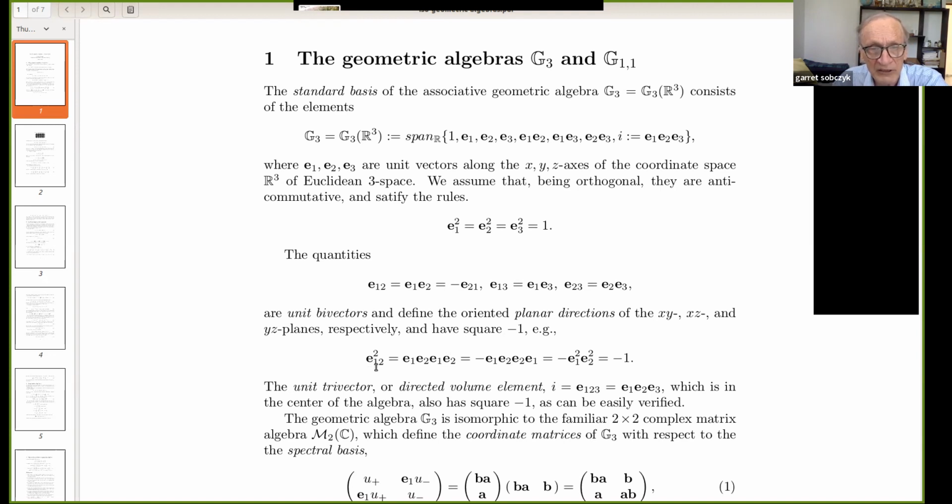E12 squared is E1 times E2 times E1 times E2, but the associative law is always true in geometric algebra or Clifford algebra. So E2 times E1 is equal to minus E1 times E2. So if I flip that, I get minus E1 squared, E2 squared, which is equal to -1.